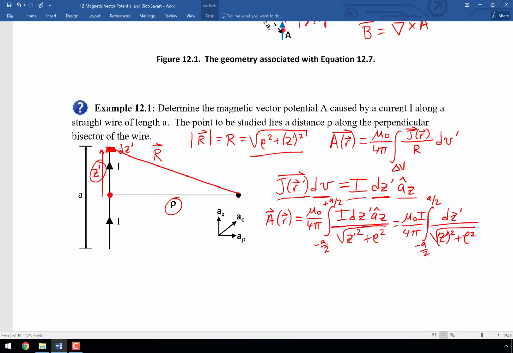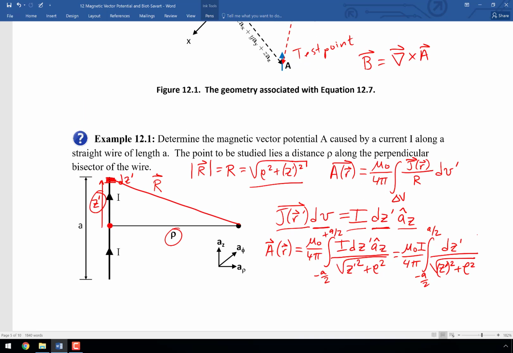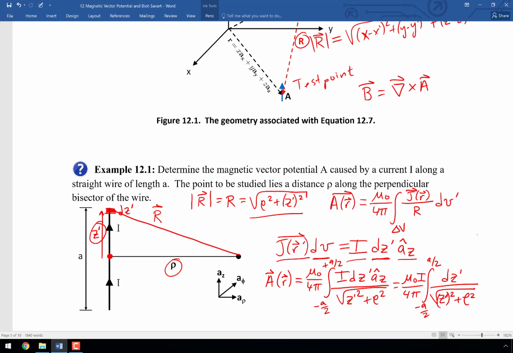Now if you look in the useful integrals table, I'm going to take advantage of a little bit of space up here above. We have the integral from minus a to plus a. Notice those limits are not correct. This is a generic integral, and we're going to have to customize it for our particular purposes. dz divided by the square root of z squared plus rho squared.